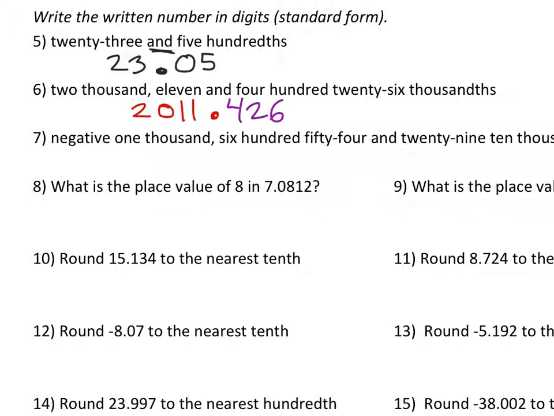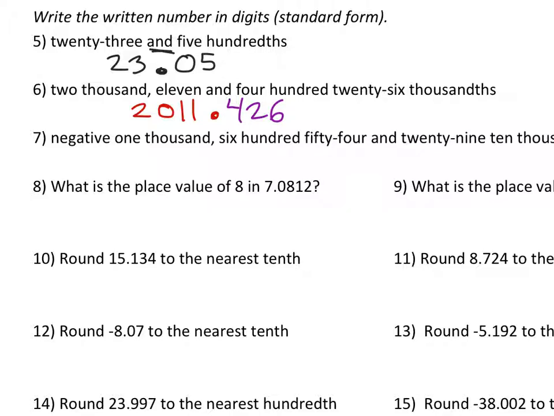And then if we need more zeros to the left of the 4, then we'll put them there. But let's just check. The 4 is in the tenths, 2 is in the hundredths, 6 is in the thousandths. So that's it. Now if that had been 426 ten thousandths, then we would have just placed a 0 right there to the left of the 4, but to the right of the decimal.